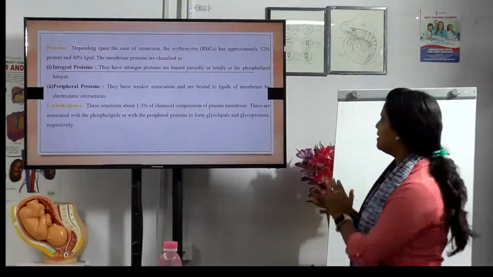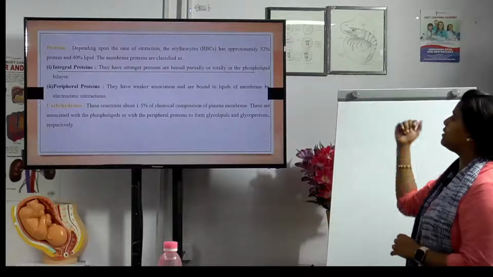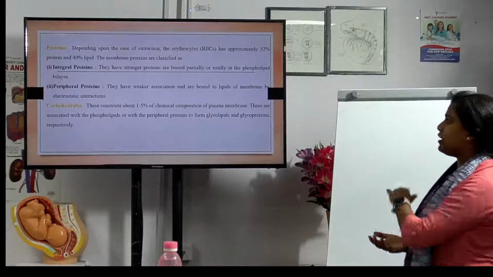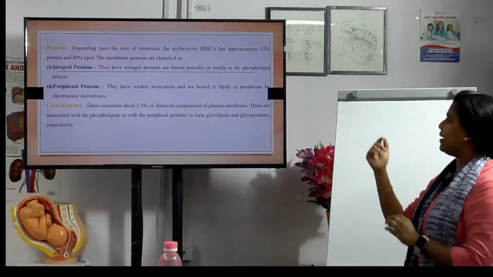Okay, let us look at proteins. Depending on the ease of extraction, the erythrocyte has approximately 52% protein and 40% lipids. Proteins are classified into two types: integral and peripheral.